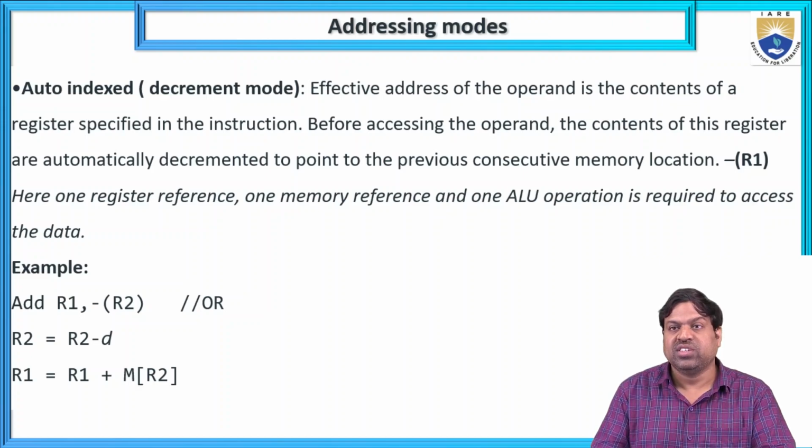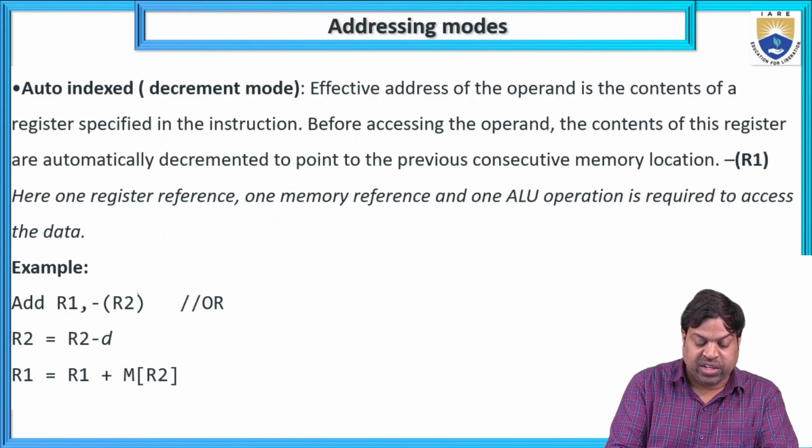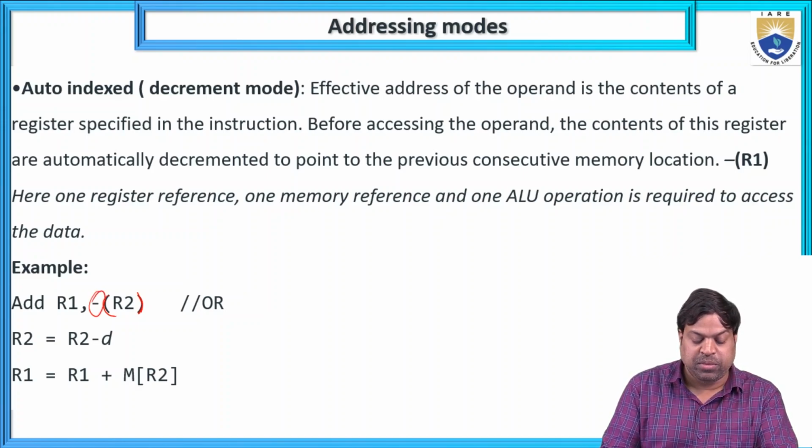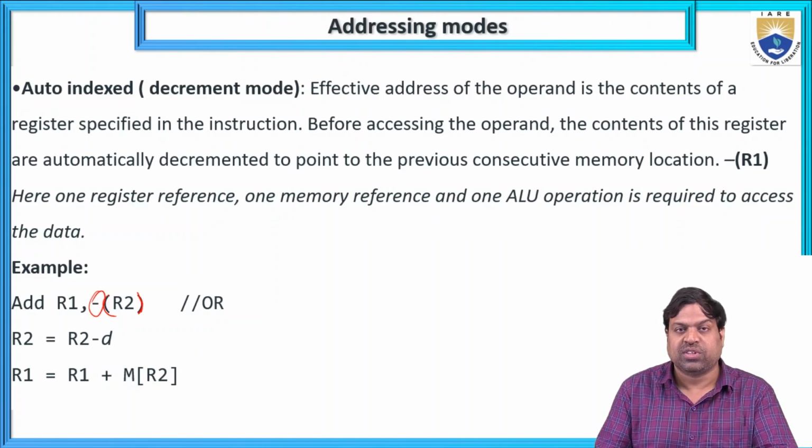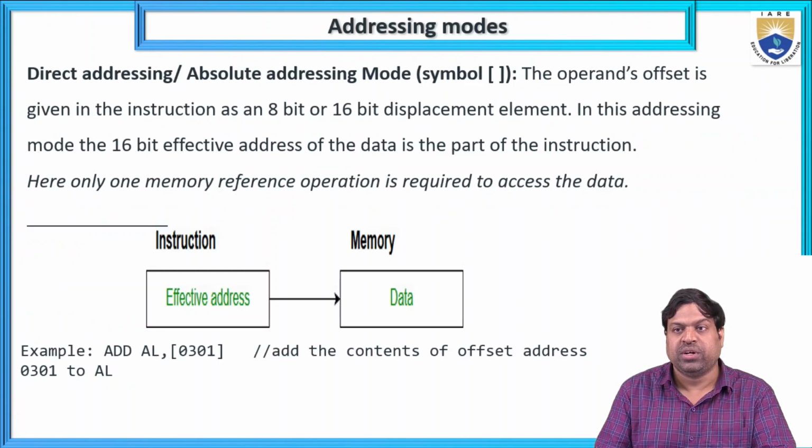Before accessing the operand, the contents of the register are automatically decremented to point to the previous consecutive memory location. One register reference, one memory reference and one ALU operation is required to access the data. Here I am taking the R2 address. Go to that address; the value in that address will be decremented, meaning we subtract one. So under auto index it will decrement.